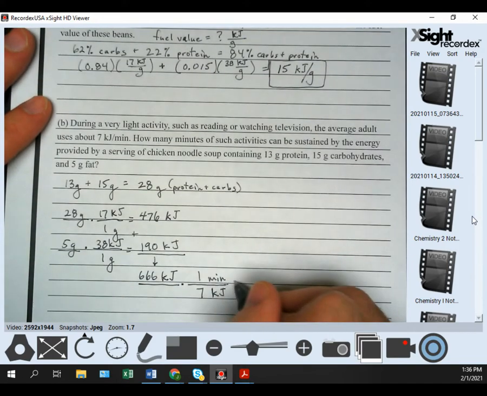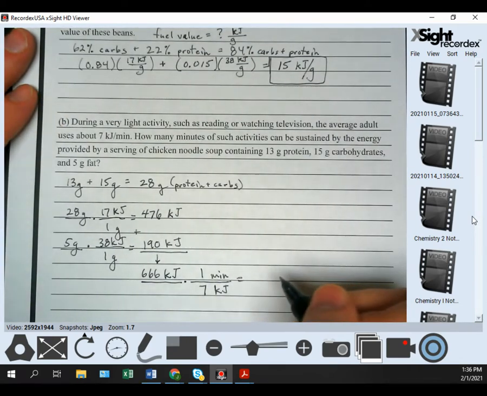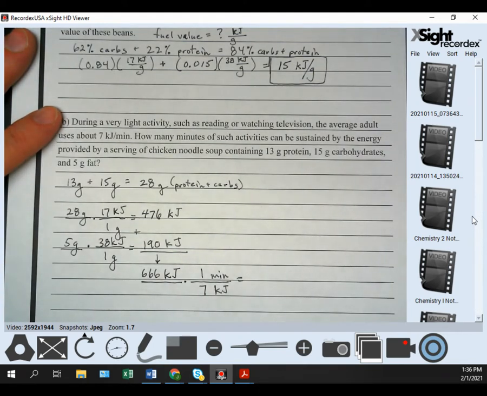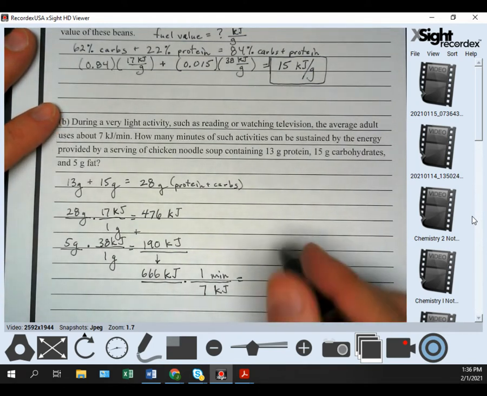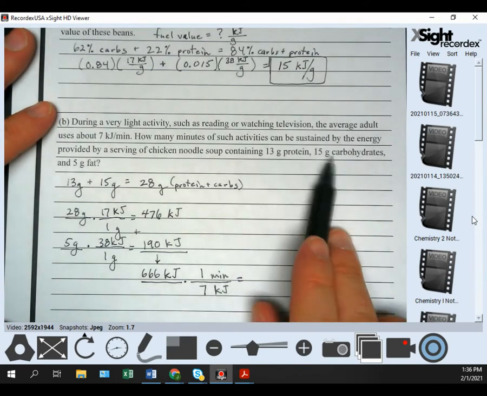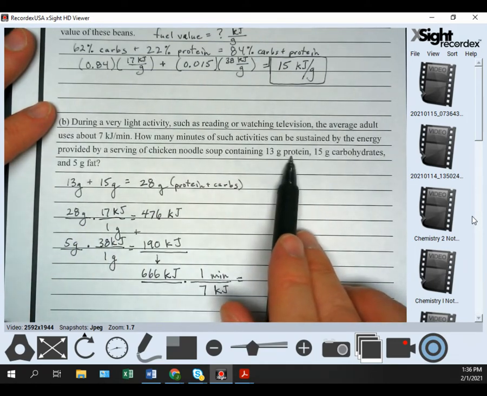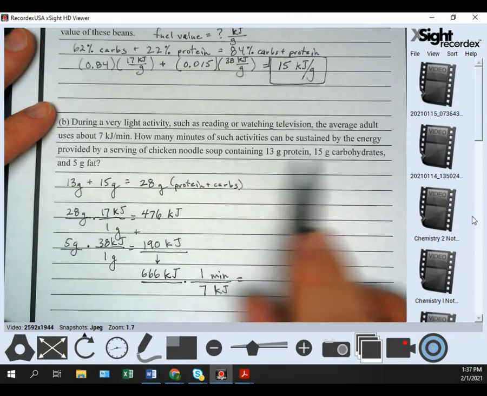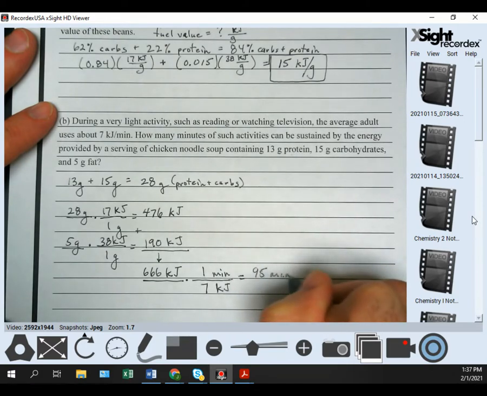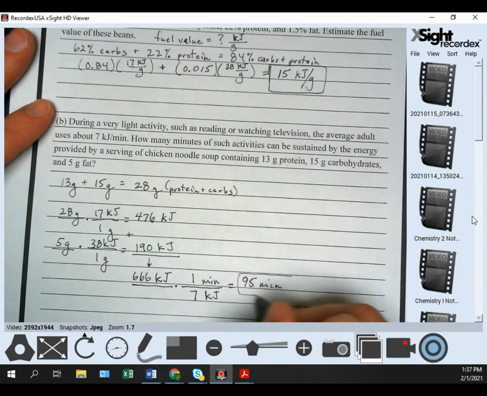So we're going to divide 666 by 7, and this kicks us out 95. It's actually 95.14. I think I just rounded to the nearest whole number. I don't know if any of these would be considered measurements or if they're all constant. So let's do 95 minutes. So that's how many minutes of the light activity you could sustain.